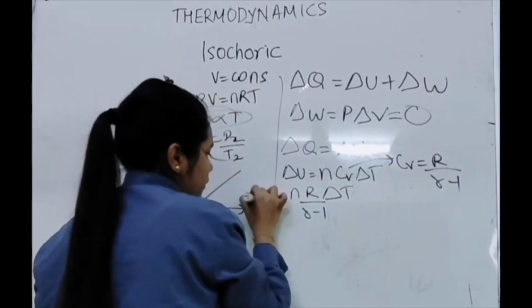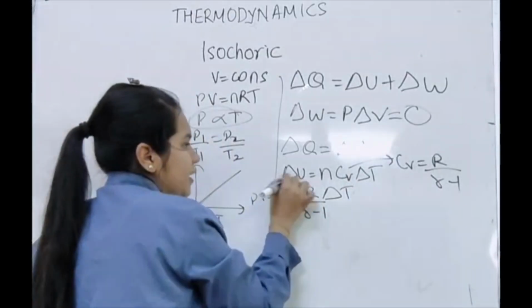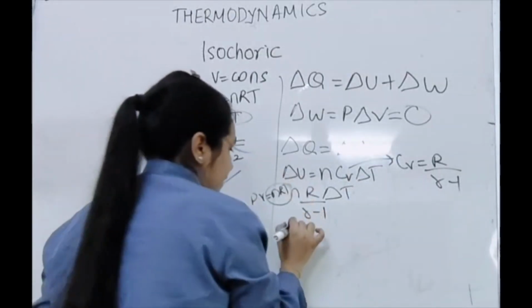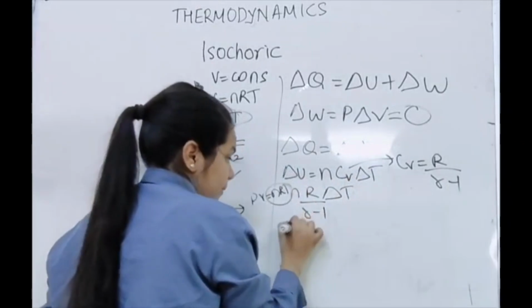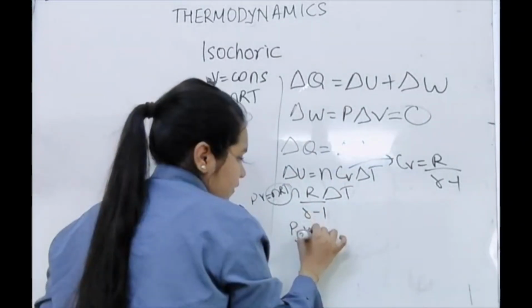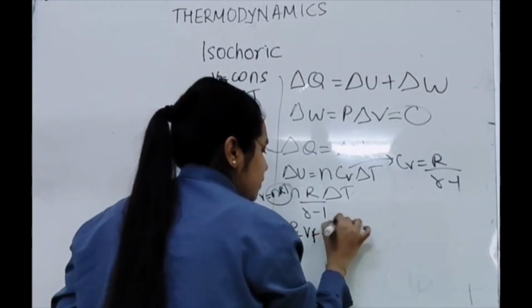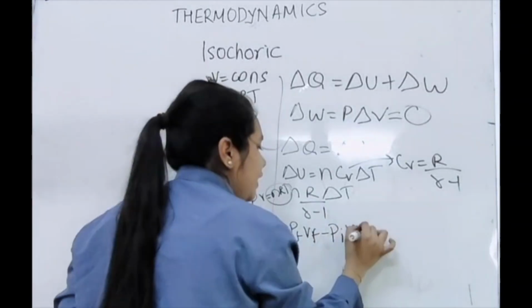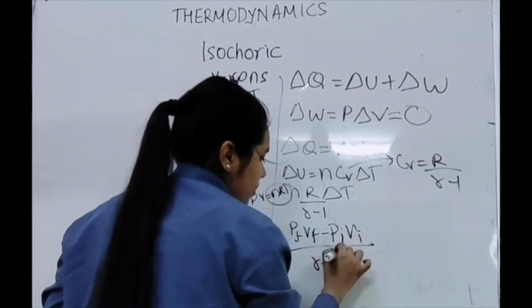We know PV equals nRT. Now we're going to take it as PV. P final V final minus P initial V initial by gamma minus 1.